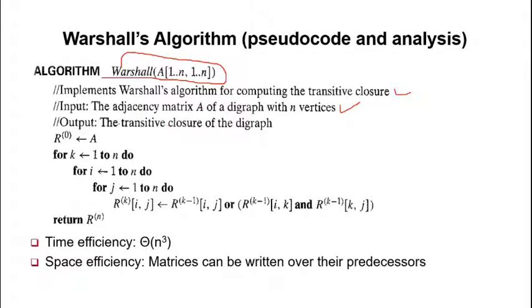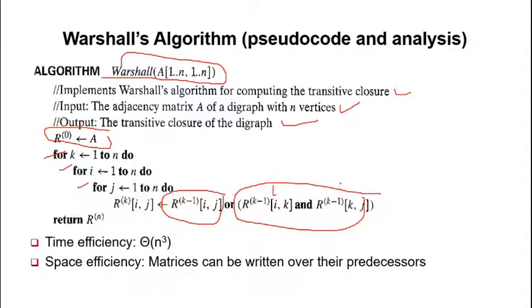The output will be the transitive closure of the digraph. We start with the matrix and have three loops. As mentioned, by rule number 1, if 1 we maintain; if we have 1 and 1, we update the 0 to 1. For the time, you see it's n cubed.